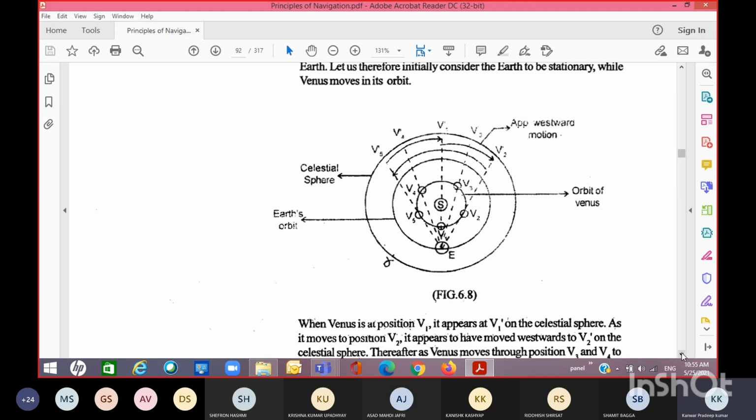Then again, Venus is going inside the arc towards the Sun. Then she's going to V4. Then she's going to V5. So if the Earth would have been stationary, Venus would have been visible in the sky only between the locations V2 to V5.